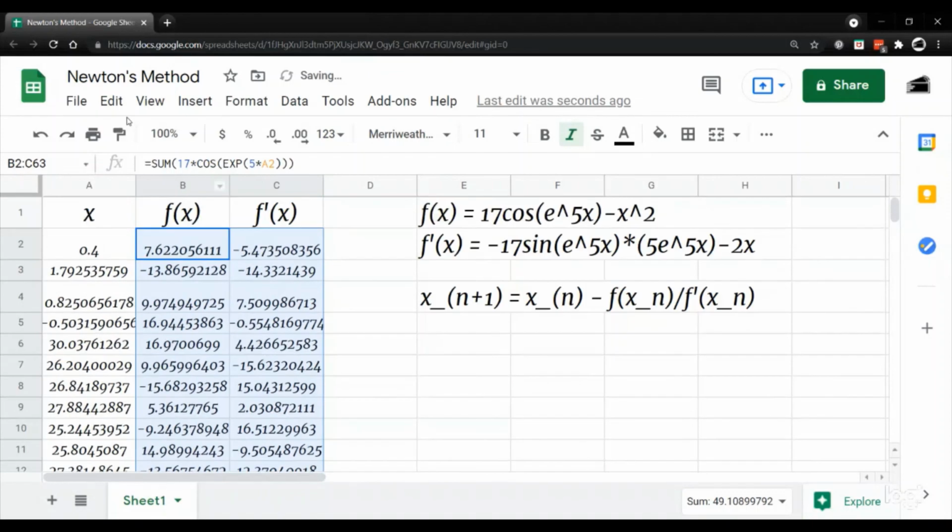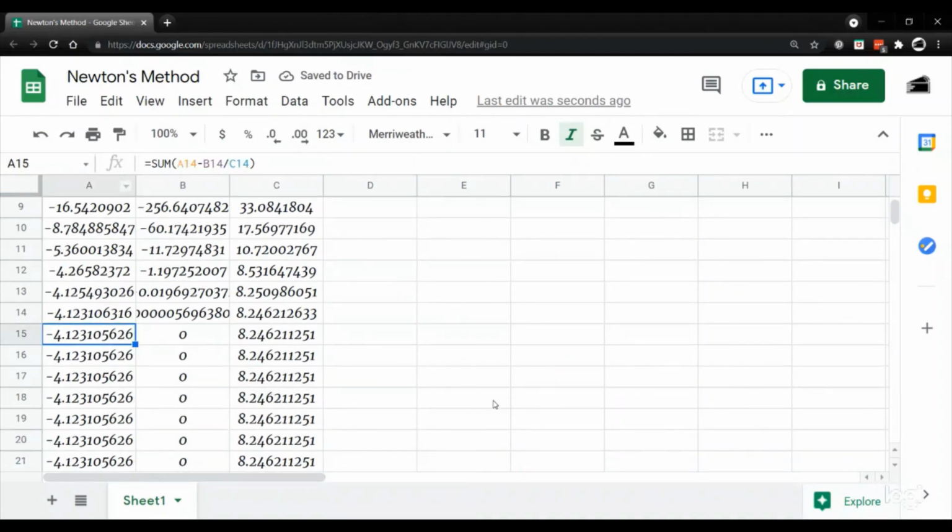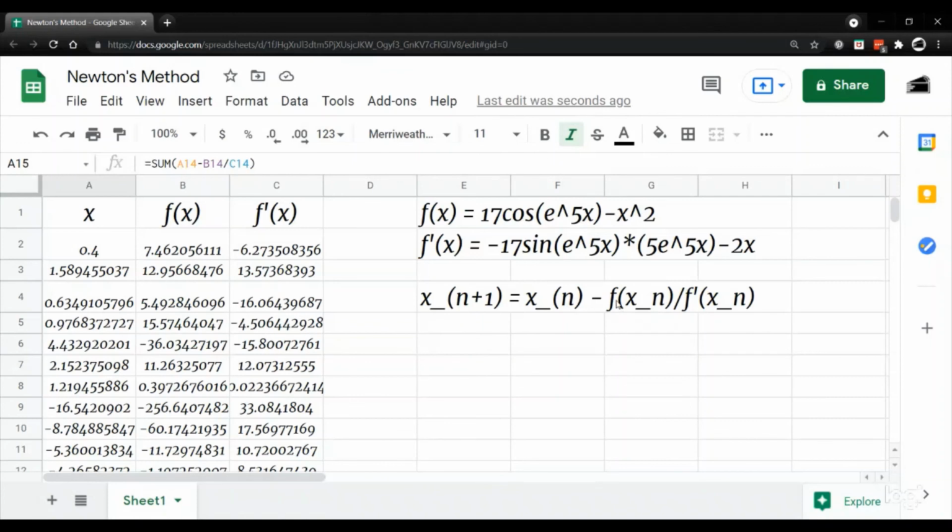Nope, something was just up with that original function. So this one finishes at about negative 4.123 for these functions. And so that's how you can use an Excel spreadsheet to compute these sorts of things. Hopefully they'll give you ones that actually come out fairly nice. The 17 cosine e to the 5x, that one didn't work out as great as we'd hoped, but modifying it a bit gave us some nicer values.